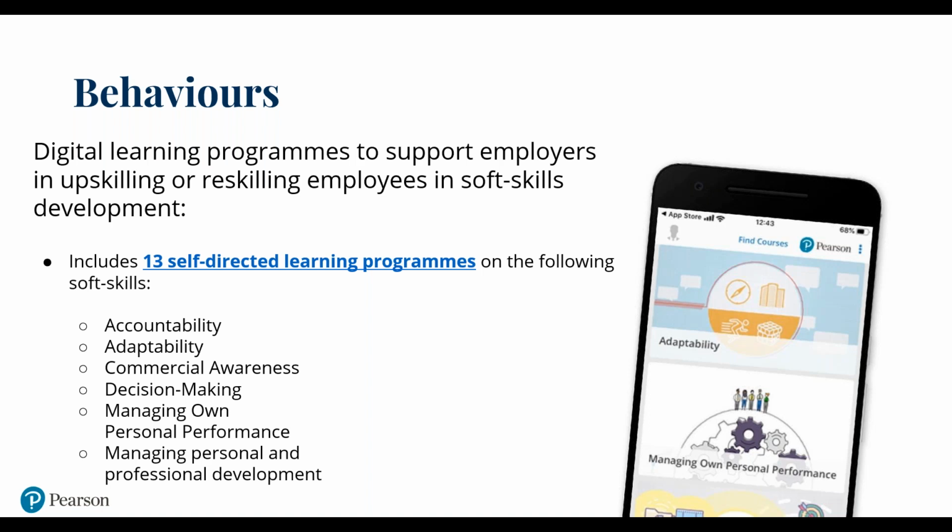So Learning Hub is a separate platform which can support learners with 20% off the job training, and it will help to upskill or even reskill your employees, your apprentices in soft skills. There are 13 self-directed learning programs, and there are a couple of examples on the screen, such as decision making, managing personal performance, adaptability, and accountability.